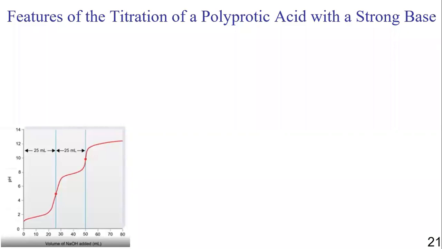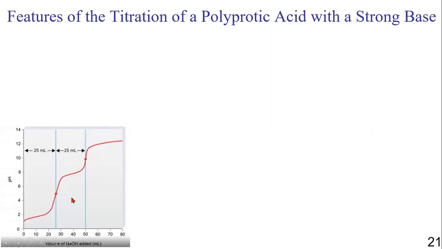One of the dominant features of polyprotics is they have more than one equivalence point, which is logical, of course, because these polyprotics usually have more than one acidic proton, or they can accept more than one proton if they're acting as a base. So here we have a graph of a polyprotic.